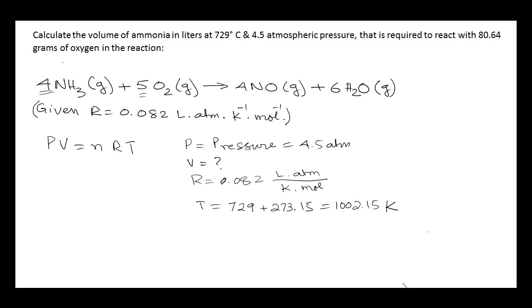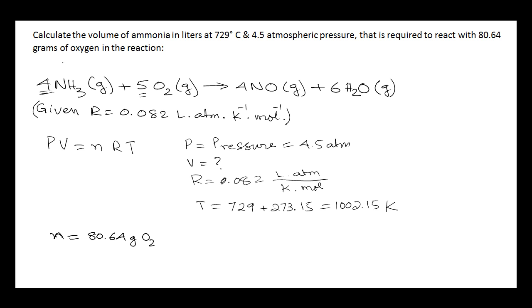So n is the one that we don't know, but we can calculate that. n is the number of moles of the ammonia that we need to get, and that will be obtained from the amount of oxygen, which is given in grams. So it is 80.64 gram of oxygen that is going to react with the ammonia according to the equation that is given over here.